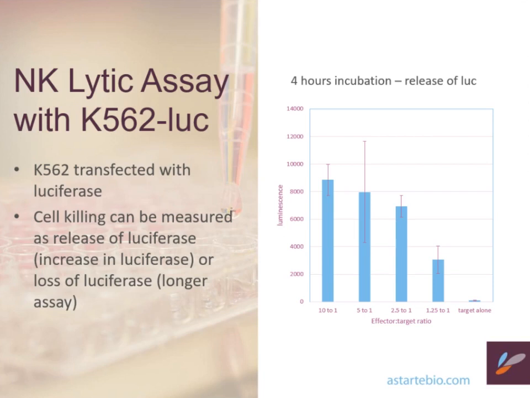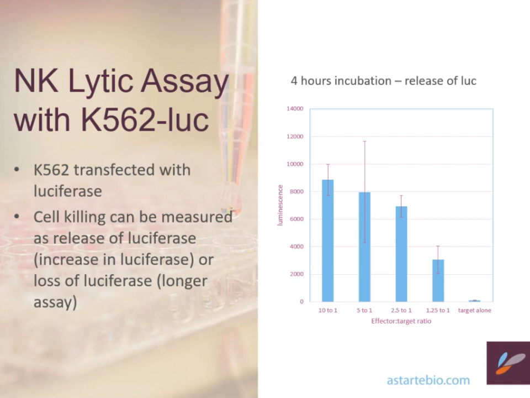One that we've had success with: we took the K562 cell line, which is a target cell used to measure NK activity. The K562 cells lack major histocompatibility complex antigens, MHC antigens, on the cell surface, so they're readily lysed by NK cells. We transfected those with luciferase, and you can use those to measure release of luciferase into the medium as the cells lyse.